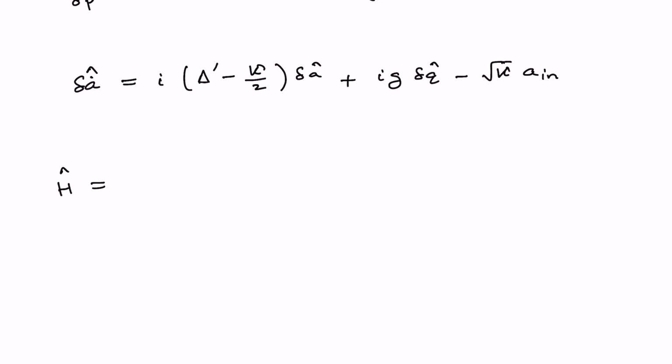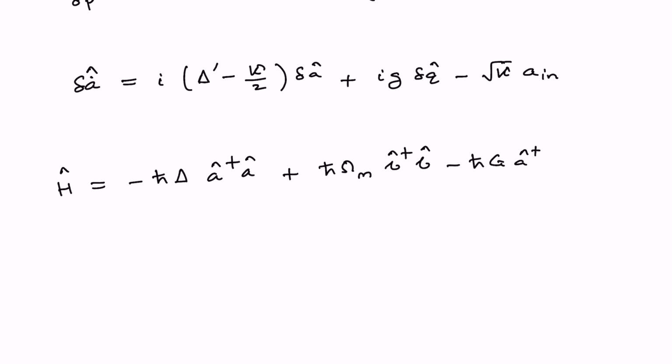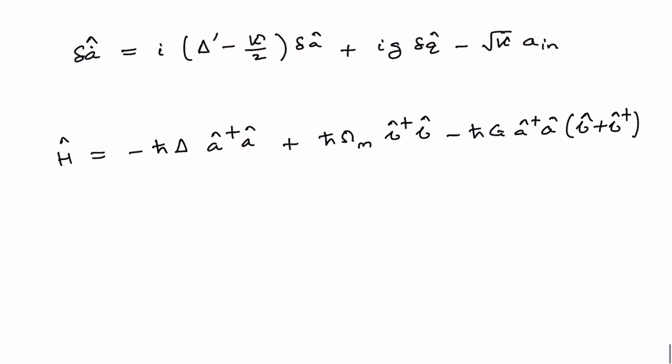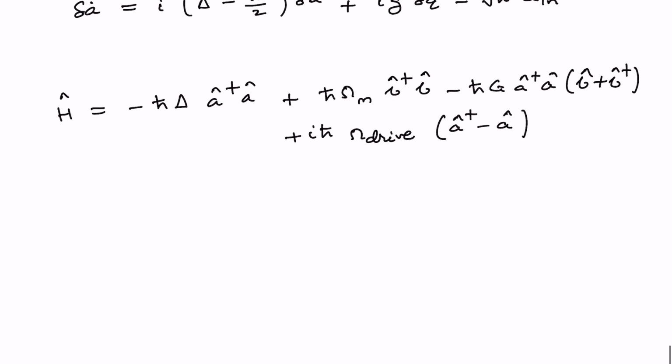H is equal to −ħΔ a†a + ħω_m b†b − ħz a†a(b + b†) + iħω_drive(a† − a), and then you have to take a as ᾱ plus δa.